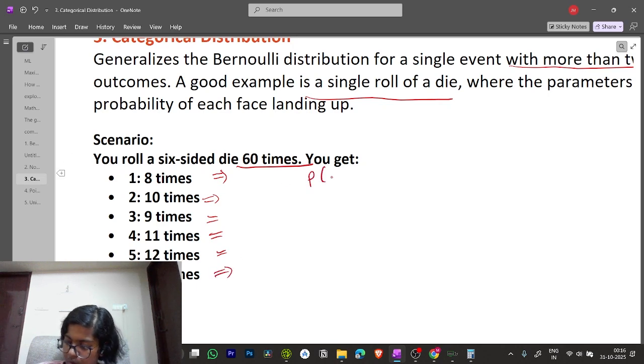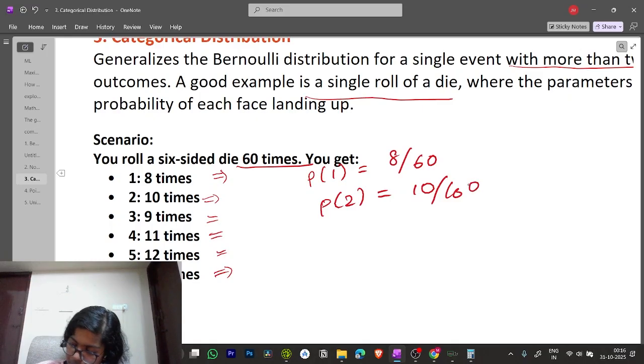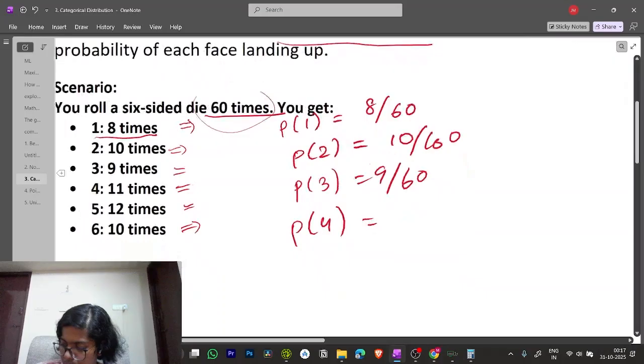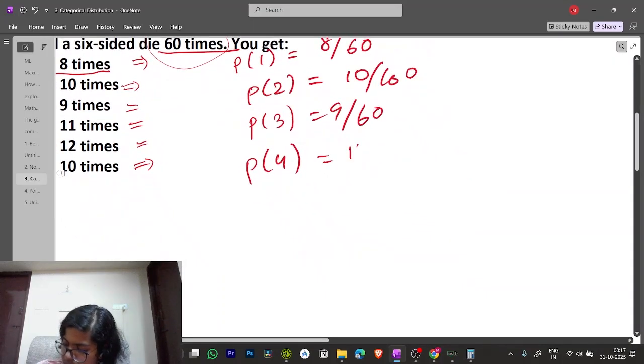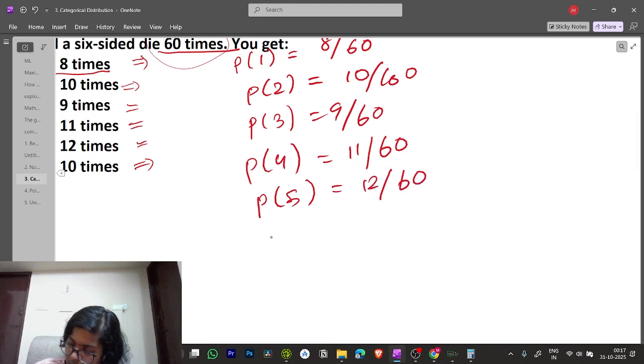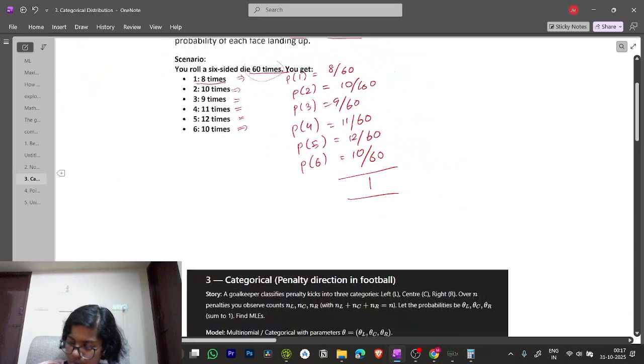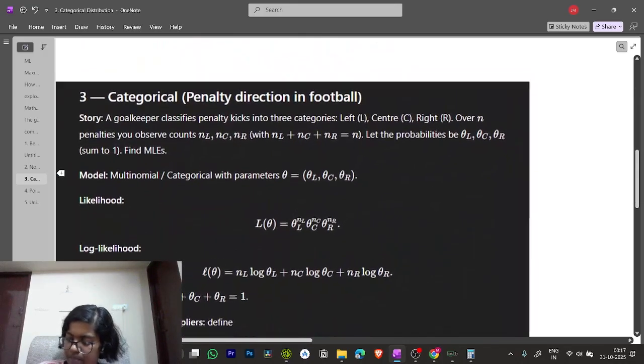So the probability of it being 1 is equal to 8 by 60, 2 is 10 by 60, 3 is 9 by 60, 4 is 11 by 60, 5 is 12 by 60, and 6 is 10 by 60. I'm just taking each value and dividing by the total number of times. If you do the summation of all of this, you will get 1. It is for sure.